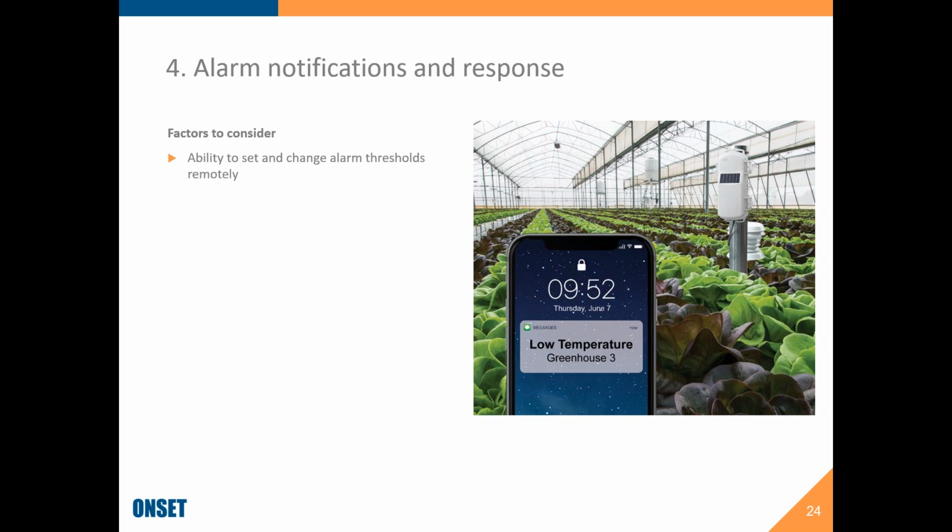For example, if you're looking at frost alarms, your temperature threshold is going to be dependent upon the growth stage. So early in the season, the plants will be able to tolerate lower temperatures, so you might have a threshold at 30 degrees. And then later in the season, their temperature threshold may be higher, so you might want to set your threshold at 37 degrees. So you want to be able to do that remotely through your web interface.